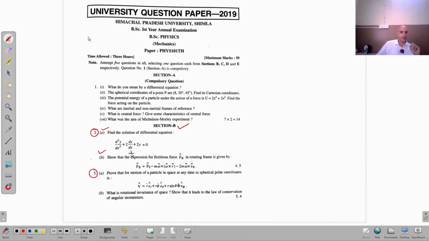In part A, the examiner is asking you regarding the solution of a differential equation. Right. You can see here the differential equation is written here, and in part B, the expression for fictitious force in rotating frame is given as, this is the article. So first of all, I am taking the differential equation, right?